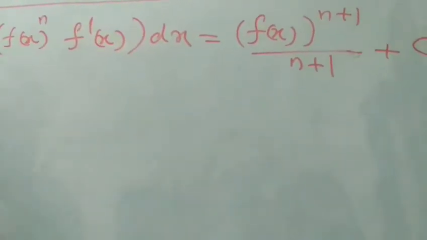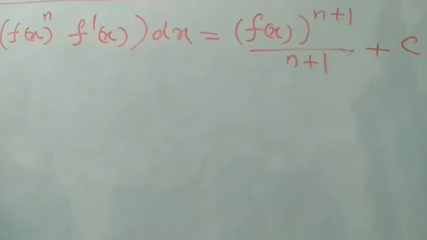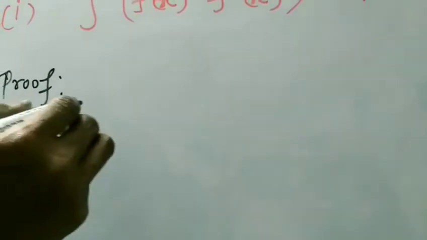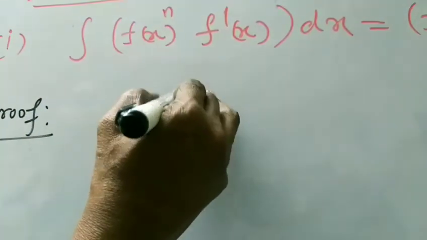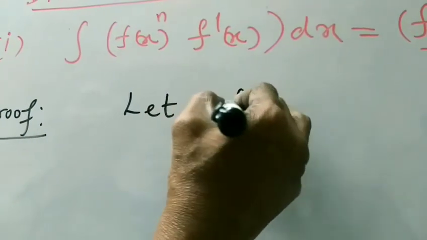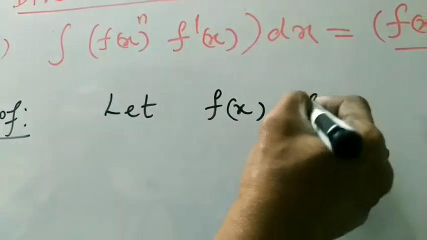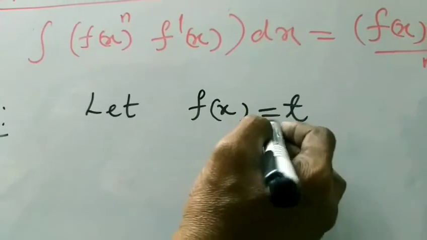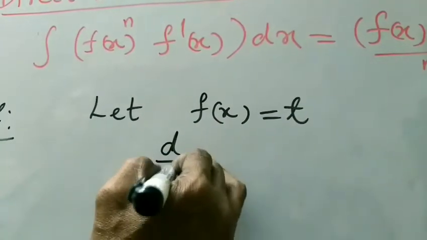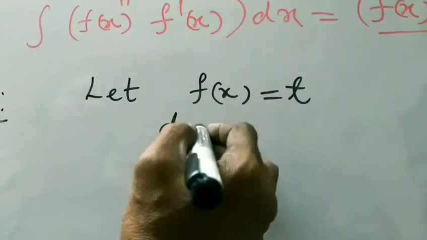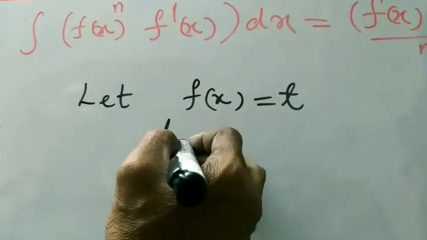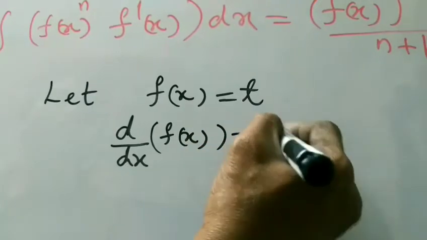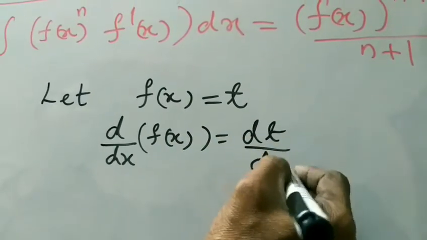The proof of this is going on now. Let f of x is equal to t. Now we have to differentiate it on both sides, d by dx with respect to x. d by dx of f of x is equal to dt by dx.